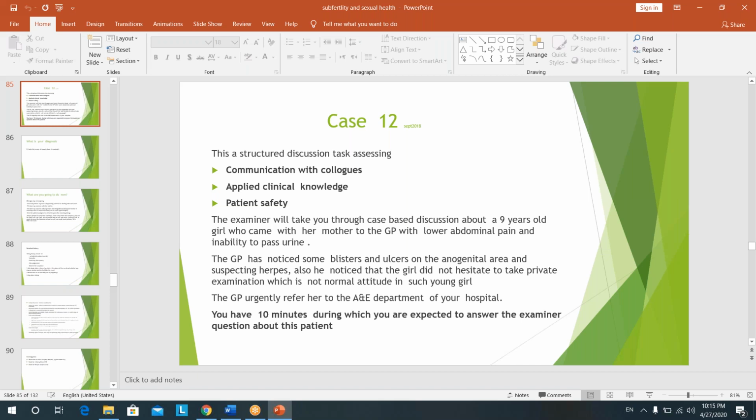Anything you want to add? We still have less than 1 minute. If you want to add any point in the history, in the examination, in the treatment, you still have 30 seconds.